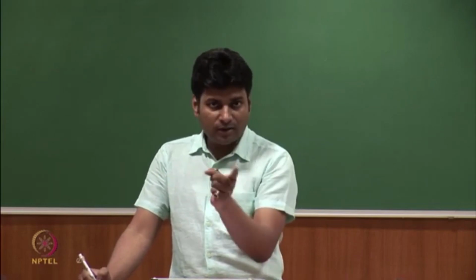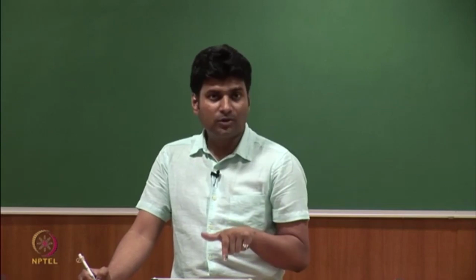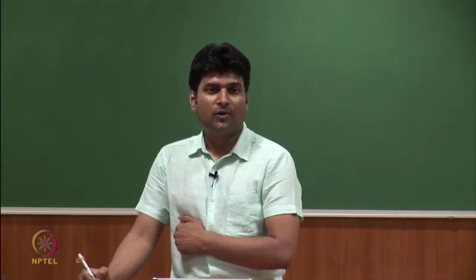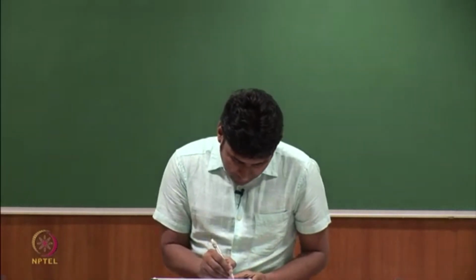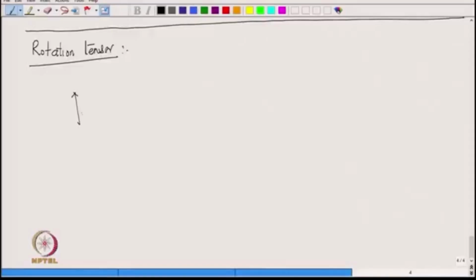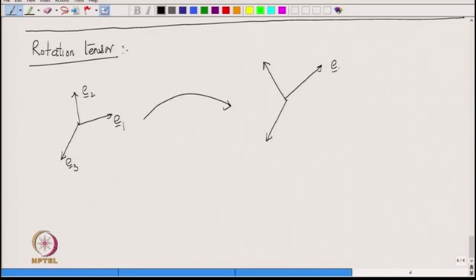So, this rotation is actually done through the rotation tensor. Okay. So, you can think of a set of 3 perpendicular vectors E1, E2, E3, and then it gets rotated into E1 hat, E2 hat and E3 hat.